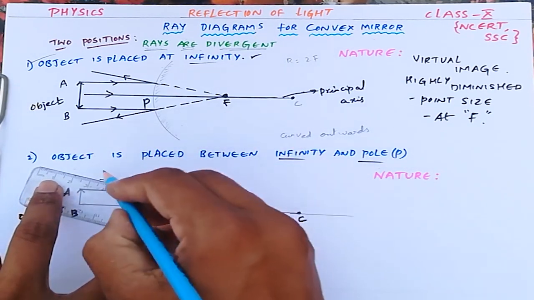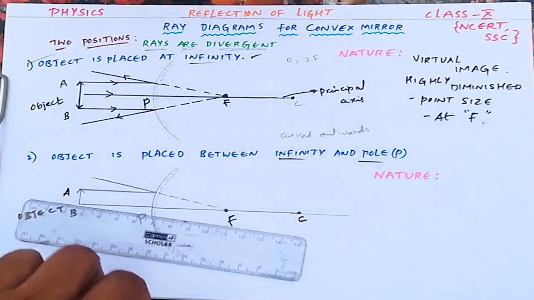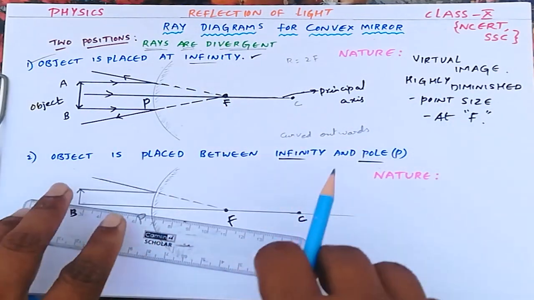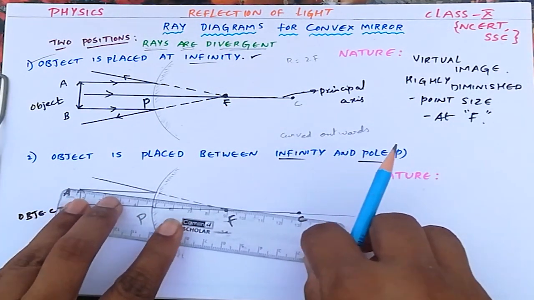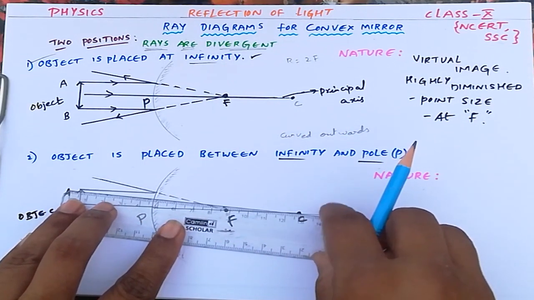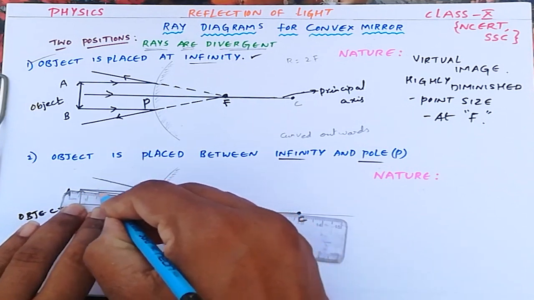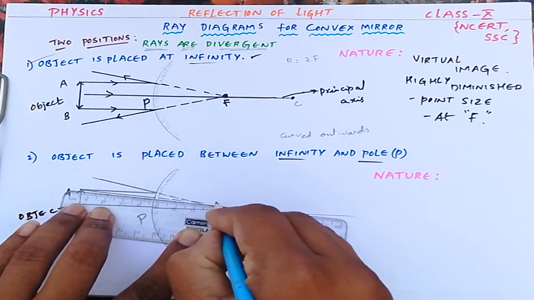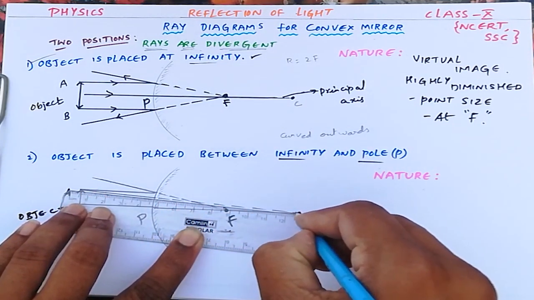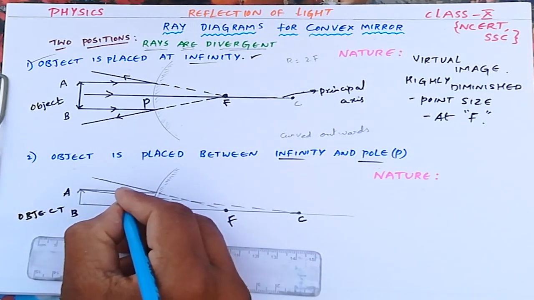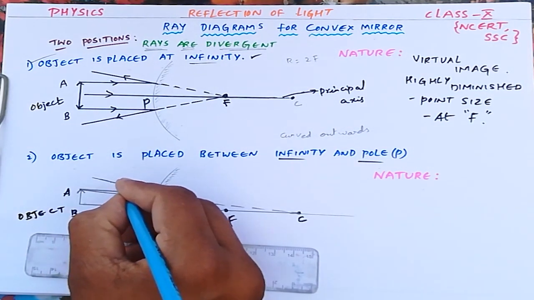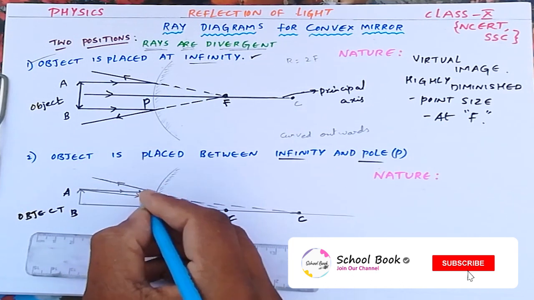For the convex mirror these rays are divergent, so it diverges from focus. And from the top toward the center of curvature, incidence, with dotted lines we'll mention up to the center of curvature, that is reflected.